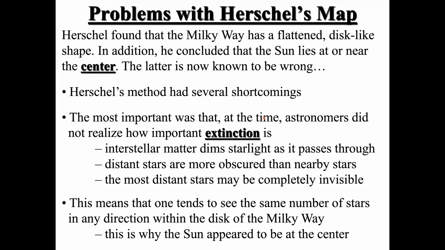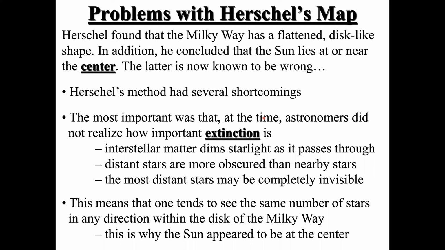And the reason that he got this wrong is actually a practical reason, because at that time, astronomers did not realize that when you observe something, there is something called extinction, right? Now, I think I probably have discussed this with you in earlier lectures.